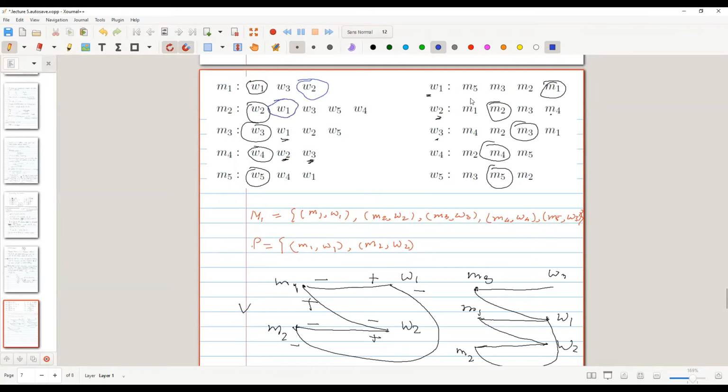We will remove these edges. Removing this from the preference list means we have removed the edges W1 M1 and W2 M2. So in W1 it will be M2, and in W2 it will be M1. I think it is correct.